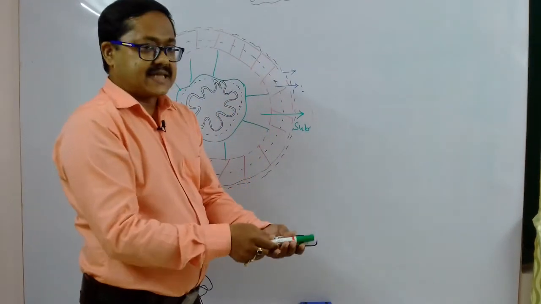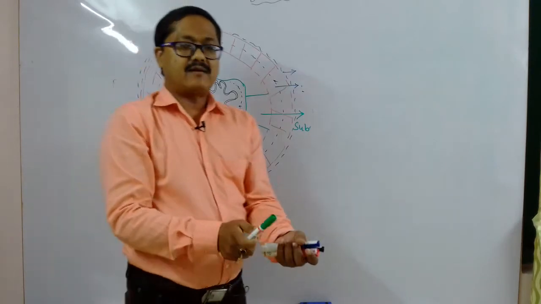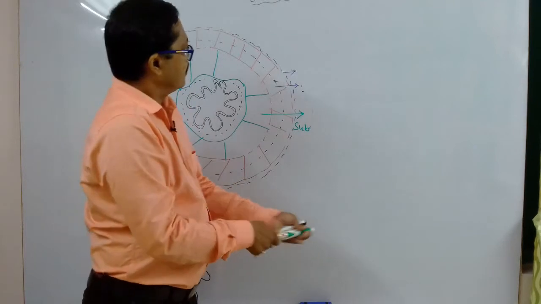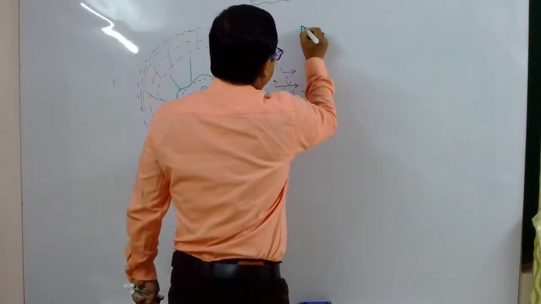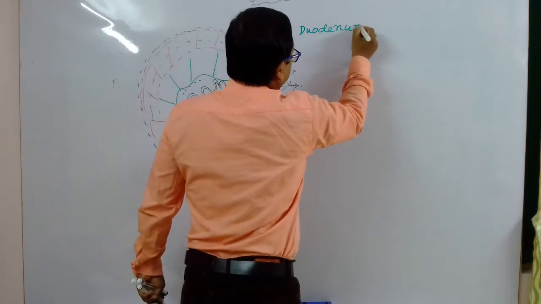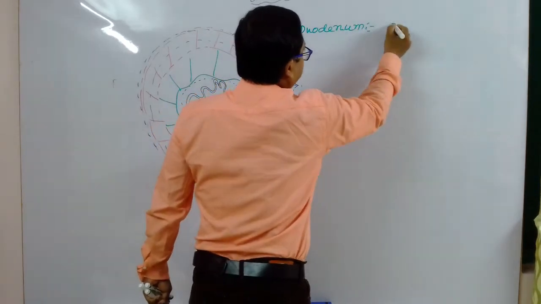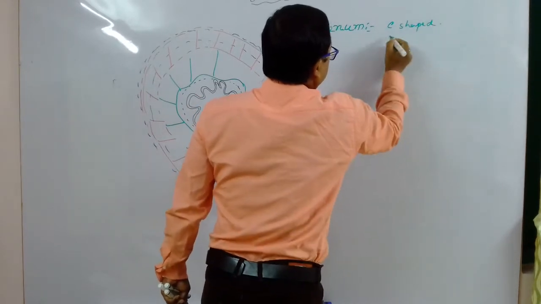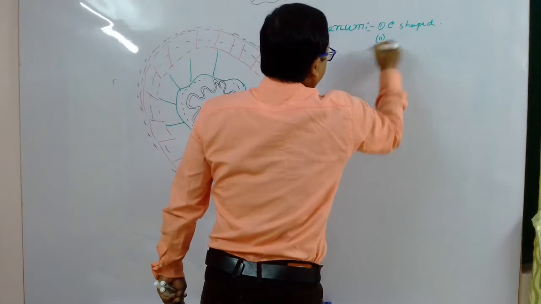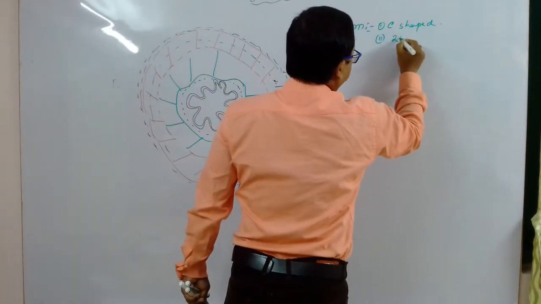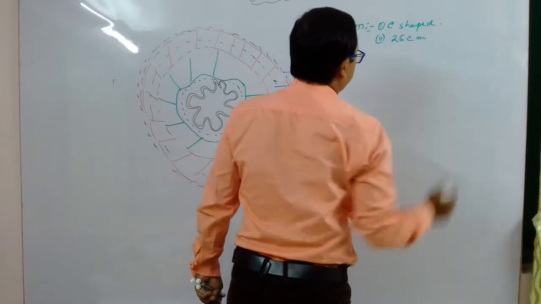We shall discuss these three structures, their external and internal features, and differentiate them. First is the duodenum. The duodenum is C-shaped. Second, its length is 25 centimeter only.